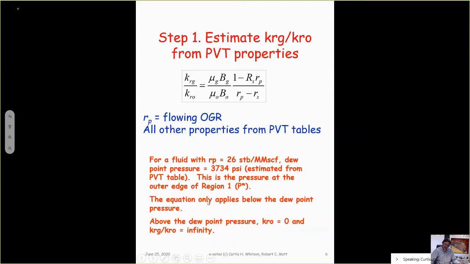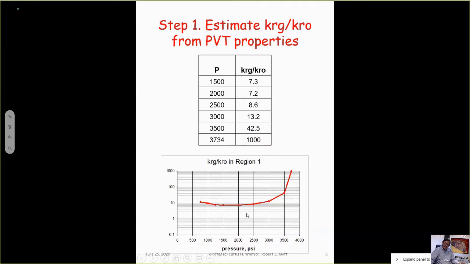And he says that it interpolates to 3734 by interpolation. So that would be our P star, the region 1 P star boundary. Above the dew point, KRO is 0. So this is exactly the calculation we did yesterday and made the plot.